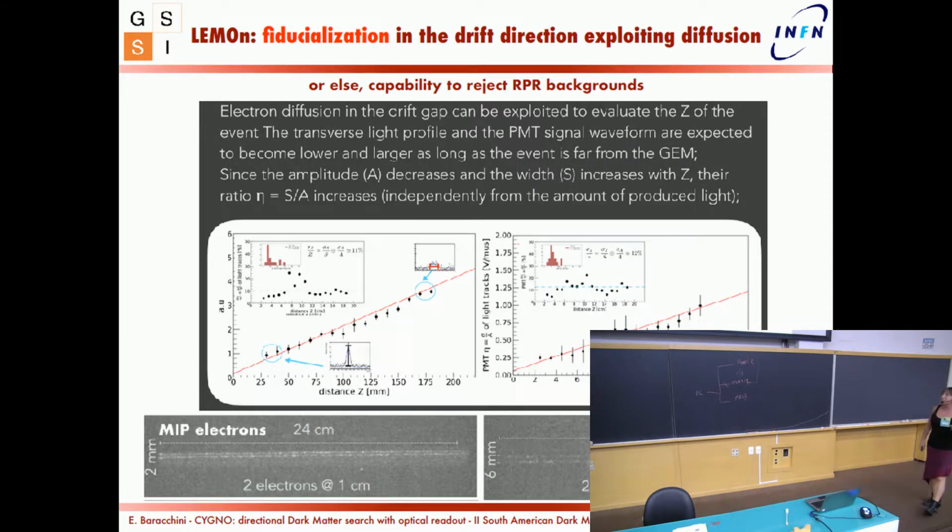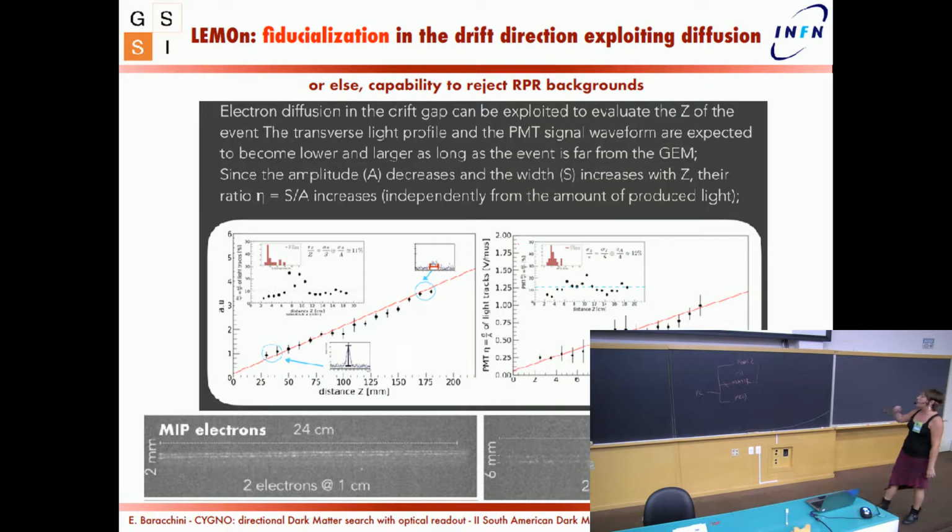But the very interesting thing is that you can use this diffusion to fit and understand the distance from your readout plane where the event happened, okay? Because of course, if it's closer, you will see a more defined, crisper image. If it's far away, you will see the image a bit more faint, okay?